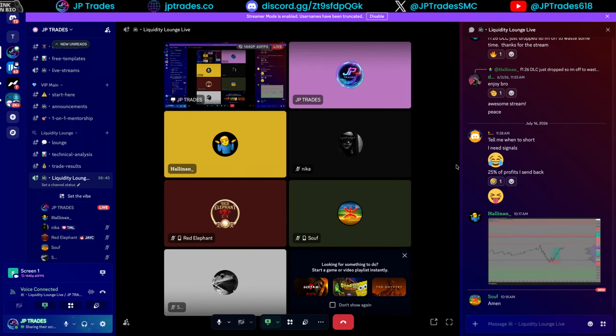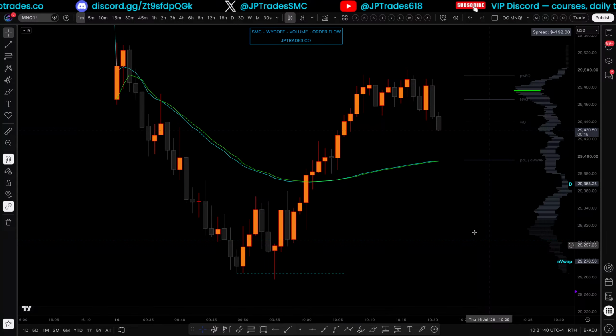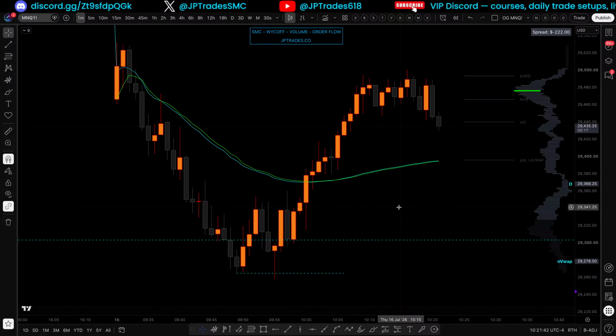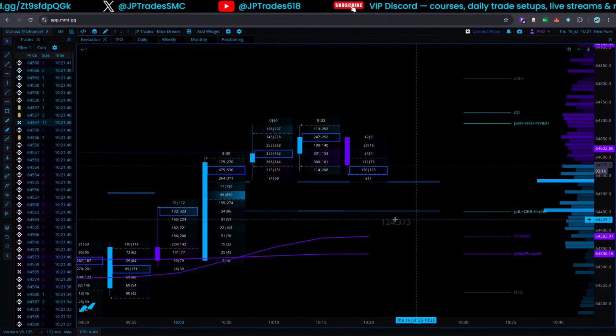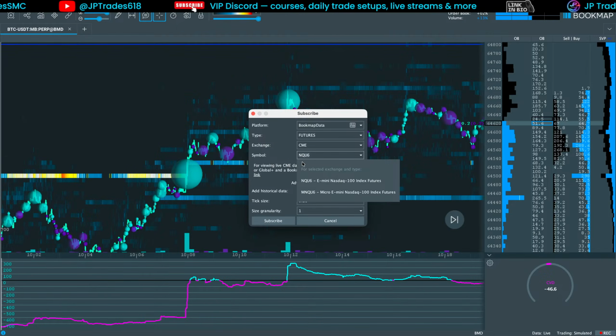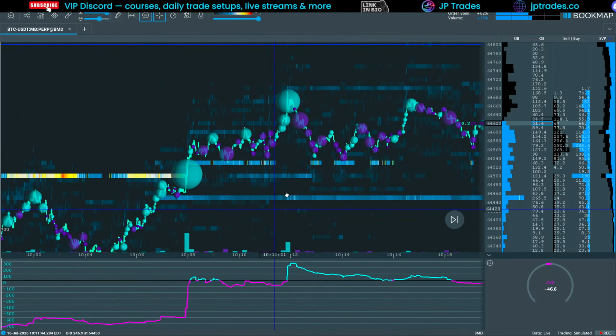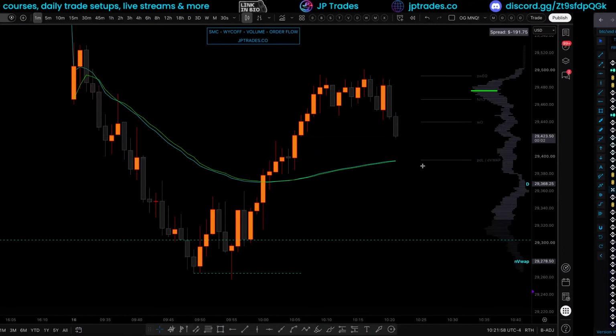Okay. So what did you see on Bookmap that you liked for this entry? So the first one, there wasn't a CVD div, but we had 72 trap shorts.